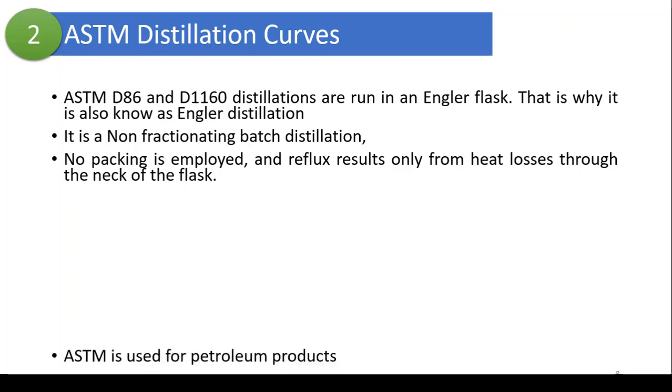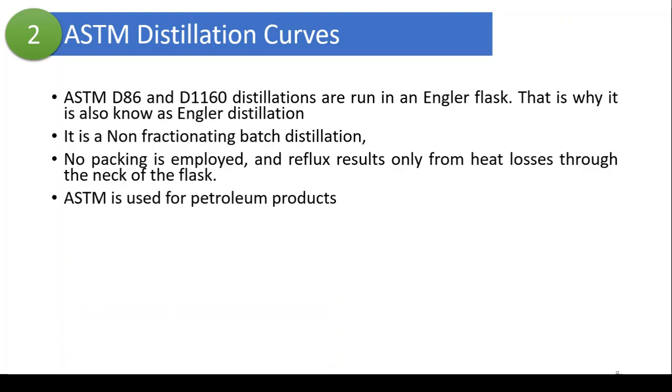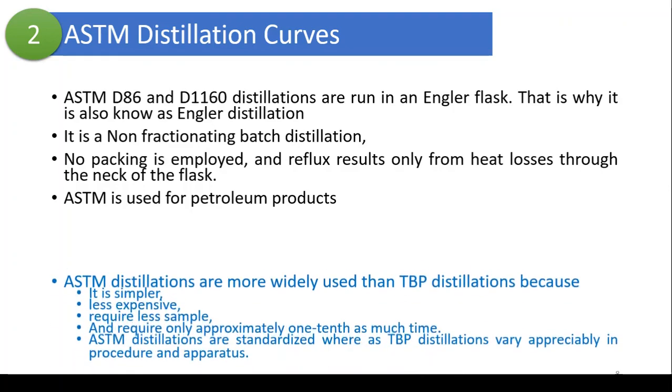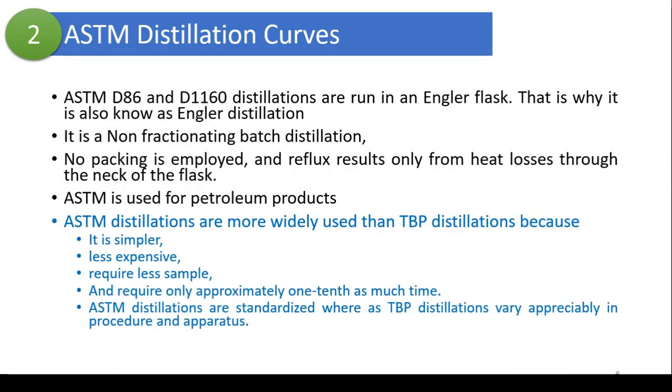Normally ASTM distillation is used for petroleum products, not for crude oil, and ASTM distillation is very widely used as compared to the TBP distillation, because it is simpler, less expensive, requires less sample, and requires only approximately 1/10 as much time as compared to the TBP.